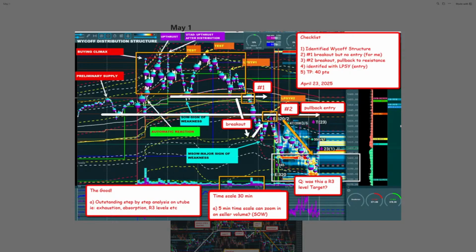Something that I really like in here as well is he let the structure break, and then he's looking for a pullback, and it is a low volume pullback. In fact, Vinny, you said you took the same trade, so I'm not sure where you got in, but there's something nice in here in terms of volume.